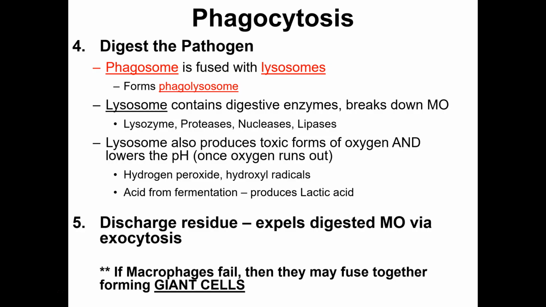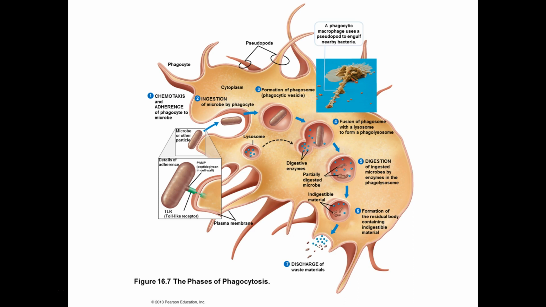So how does digestion happen? How do we actually break down the bacteria? Well, that involves another vesicle, lysosomes. Your white blood cells have a lot of lysosomes in them. This diagram's not the best because it's got one sad lysosome. There'd be a multitude of them. So this is what transpires. The lysosome, which is full of all sorts of nasty, degradative enzymes and chemicals, will merge with the phagosome.